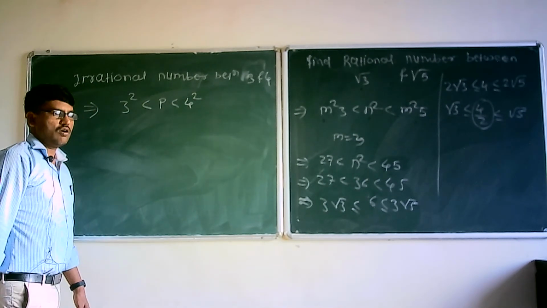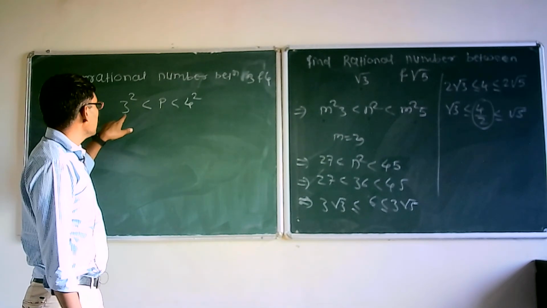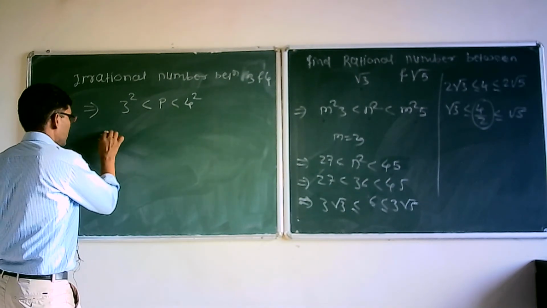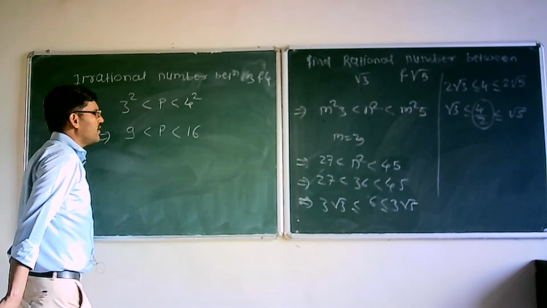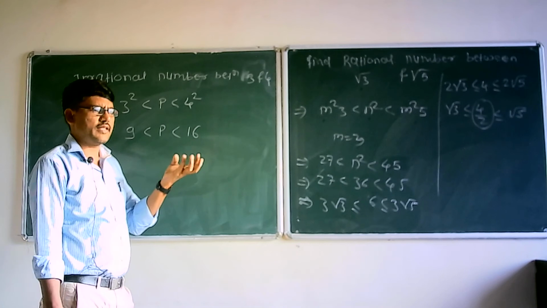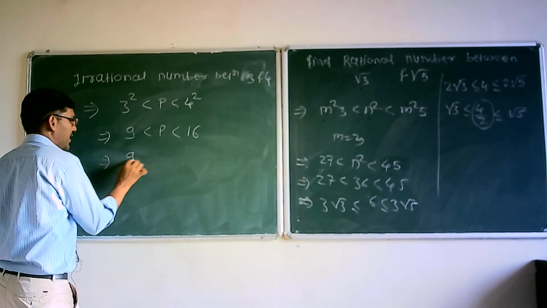Now find a prime number which lies between 3 square, that is 9, and 4 square, that is 16. All of you know that 11 is there, then 13 is there. You can take any prime number which lies between 9 and 16.